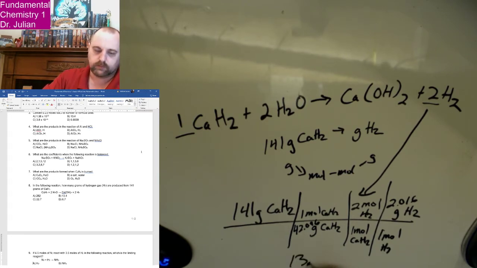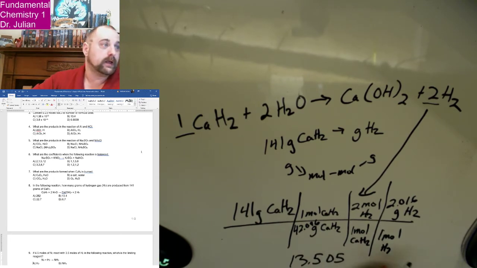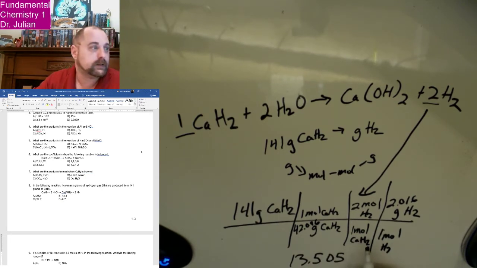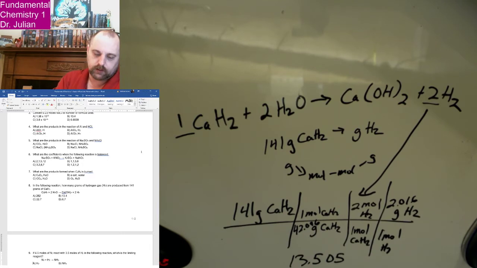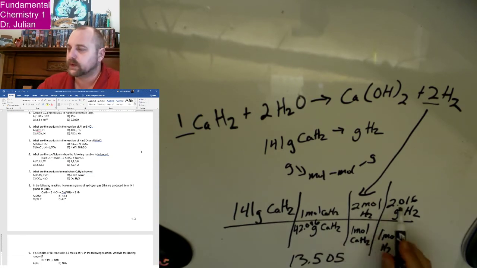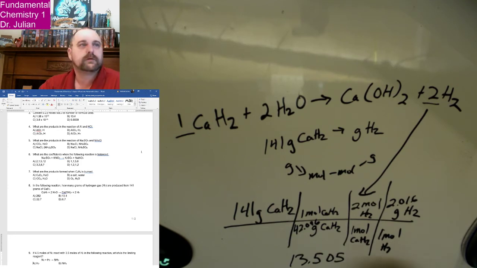I got 13.505. And let's see what we got. Anything close? We got 13.4. That would be B. Okay. Probably they just rounded that to 42 and these off to 2. So I bet I could do 141 times 4 divided by 42. That gives me that 13.4. So they did some rounding, and yeah, close up. So that one was B.